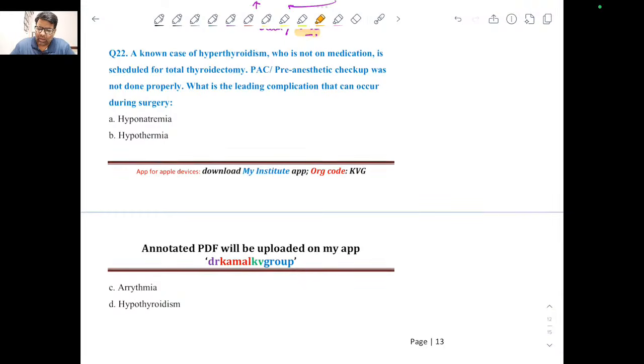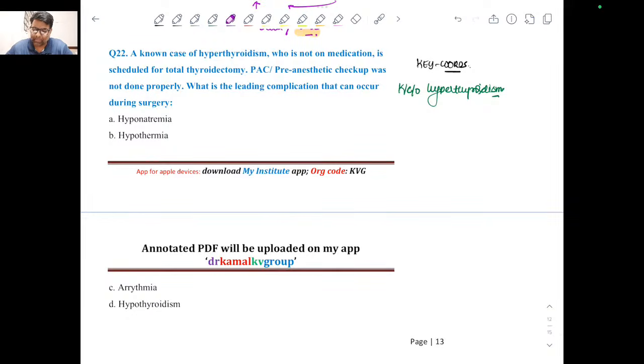Next question: a known case of hyperthyroidism who is not on medication is scheduled for total thyroidectomy. Pre-anesthetic checkup was not done properly. Now, what is the leading complication that can occur during surgery? Now here, let us take the keywords. Patient is a known case of hyperthyroidism, right?